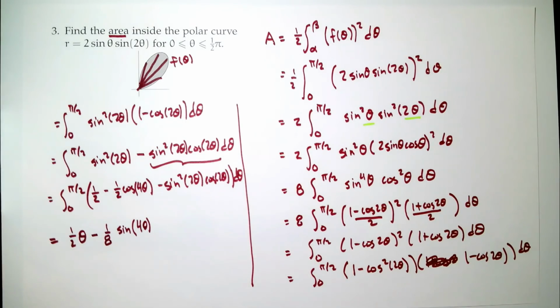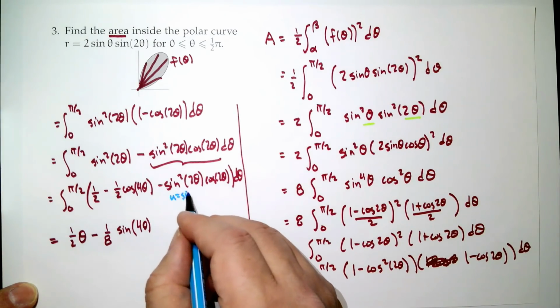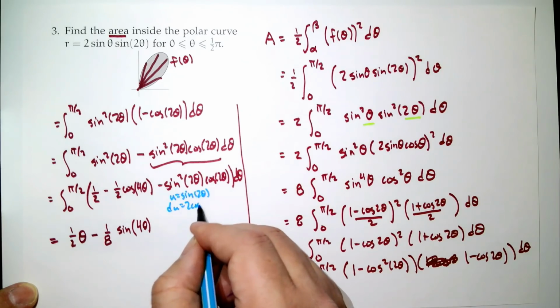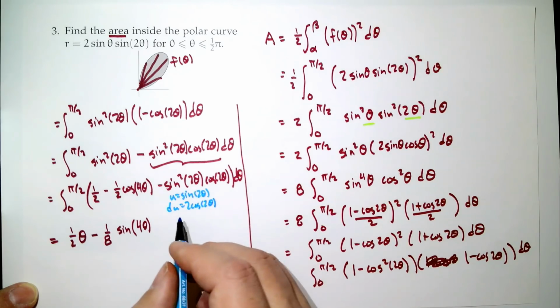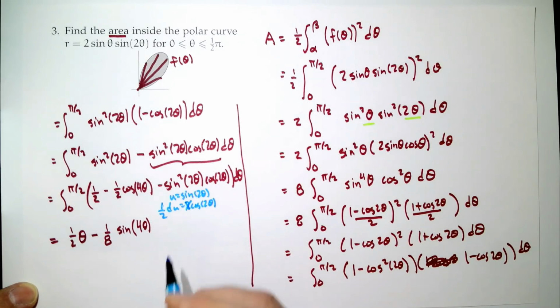And then you say, what about the next term? Well, you just do a little bit of mental math. Again, if u equals sine, you see that du equals 2 cosine. So, moving the 1 to a half, I really have u squared du. So it becomes a u cubed.